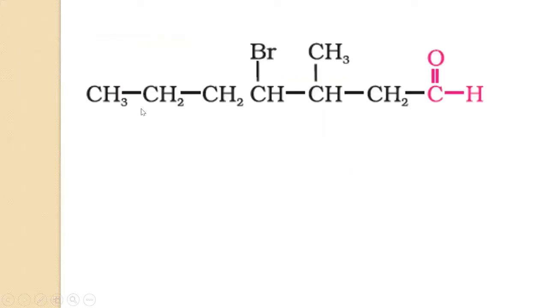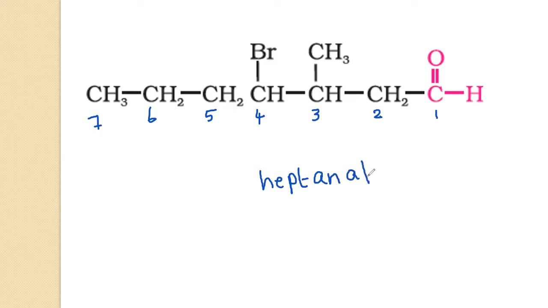Let us do a few examples. Here, the number of carbon atoms is 1, 2, 3, 4, 5, 6 and 7. So the root word would be hept. There is no double bond, so an, and the aldehyde group al. We have a methyl group at position 3 and a bromine at position 4.